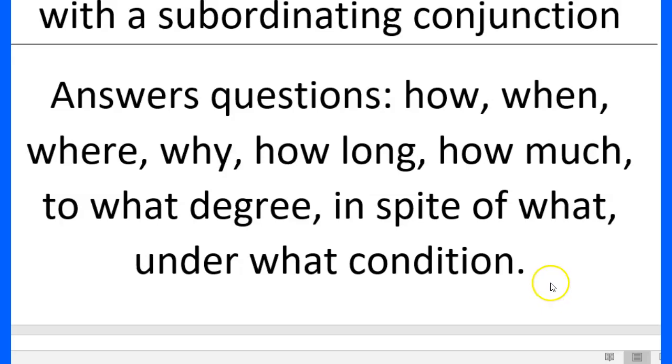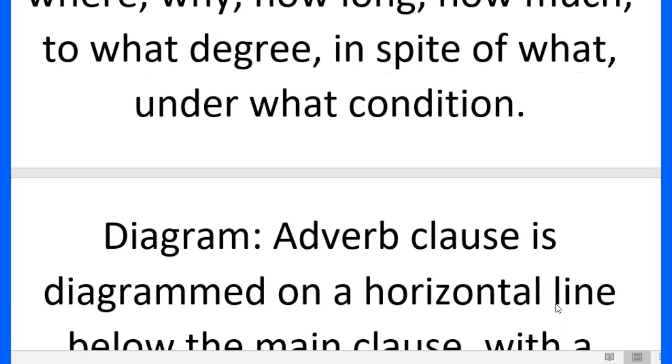You need to check these questions. These questions are also found in your gray box. The final thing, it does point out that an adverb clause can be positioned at any point in the sentence. And an adverb clause is diagrammed on a horizontal line below the main line. So we will be looking at some of those in just a minute.